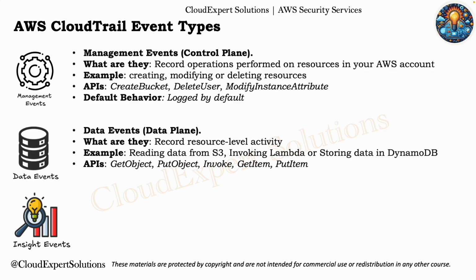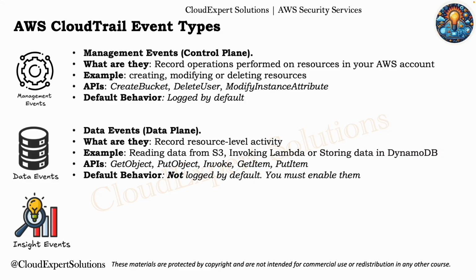Example APIs could be get object, put object for Amazon S3, invoke for AWS Lambda, or get item, put item for DynamoDB. Please remember, these events are not logged by default. You must enable them for specific resources like S3 buckets or Lambda functions.